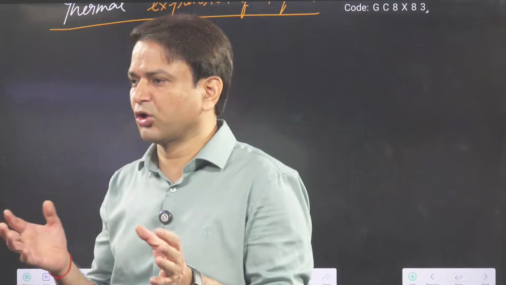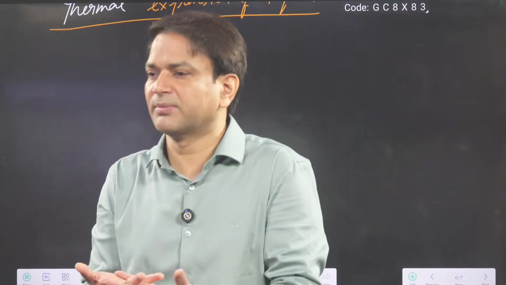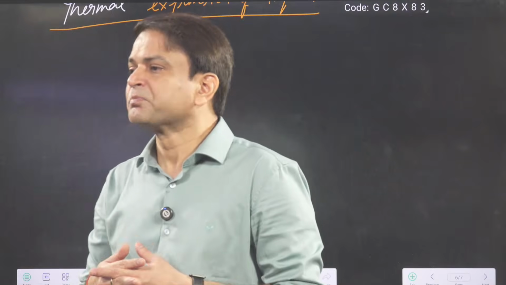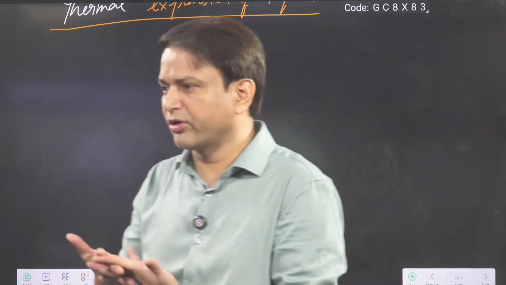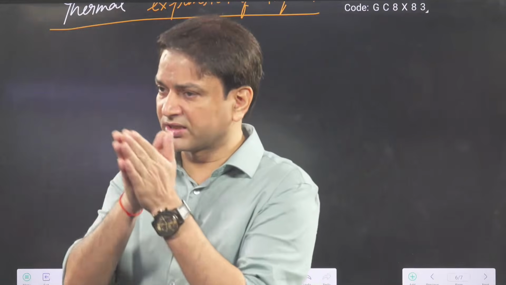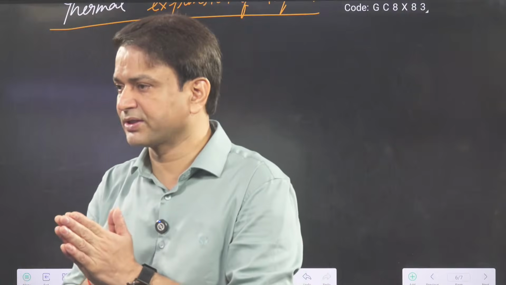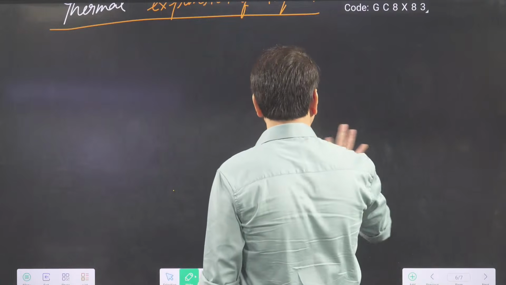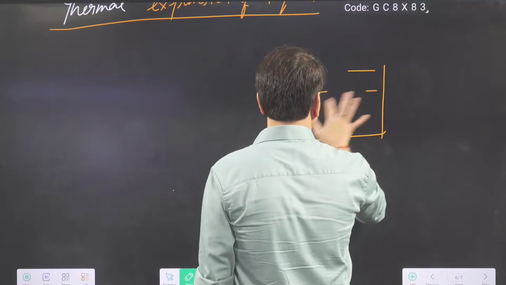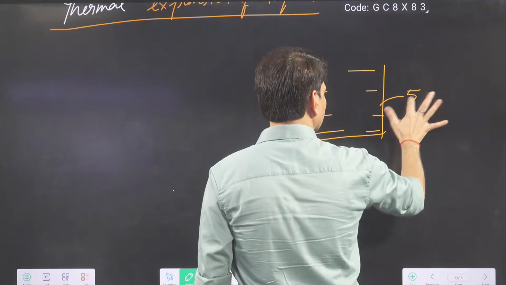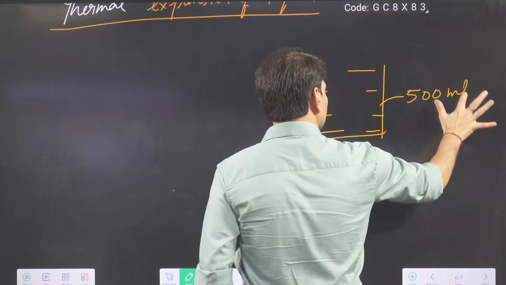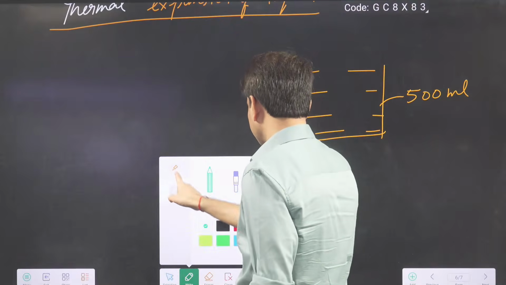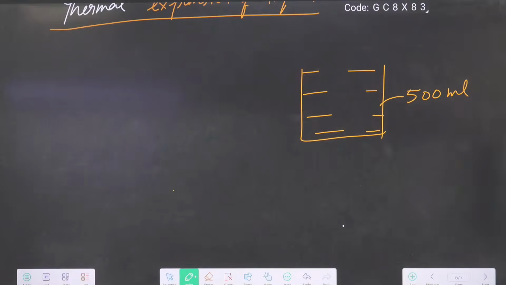But if I want to heat some liquid, I will put it in the container. Then in the liquid, we are defining the two expansion, the real expansion and the apparent expansion. This everybody got? Up to this, okay?